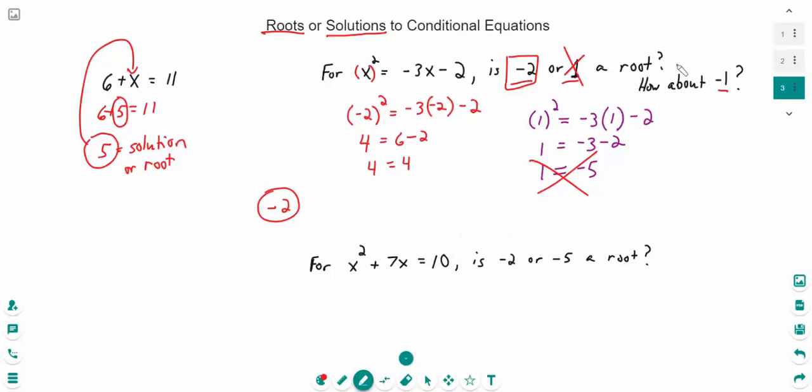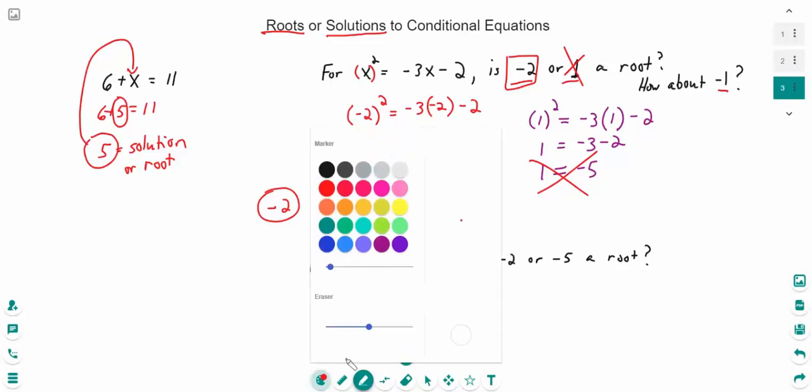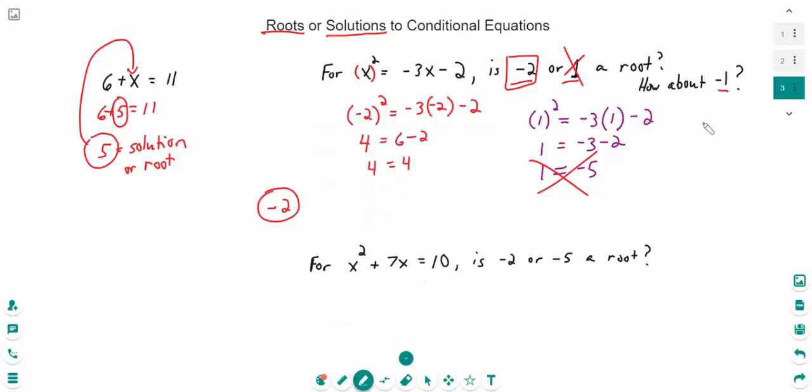All right? How about a negative 1? Well, let's try that one. So if we plug in a negative 1, we're going to have a negative 1 squared equals negative 3 times a negative 1 minus 2, right? So negative 1 squared, well, that's going to give us a 1.